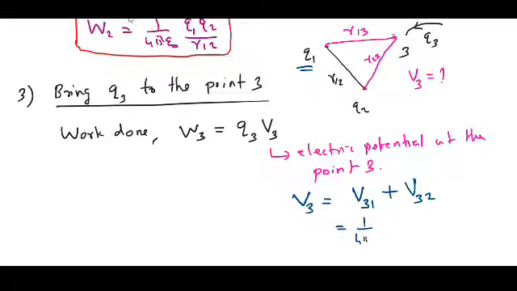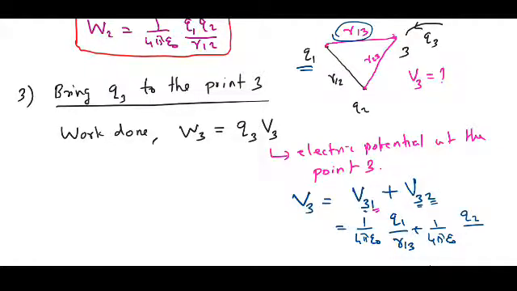This is equal to 1 by 4 pi epsilon 0 Q1 divided by the distance from the charge 1 to the point 3, that is R13, plus 1 by 4 pi epsilon 0 Q2 divided by the distance from the charge 2 to 3, that is this distance R23 in the figure.